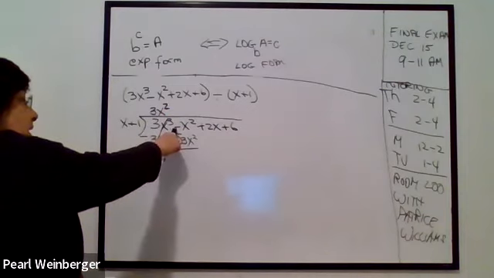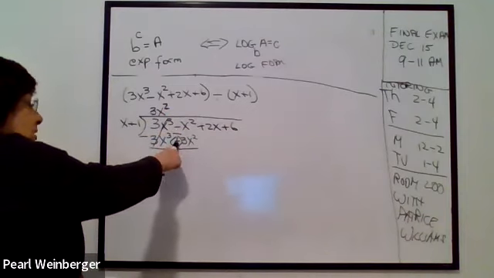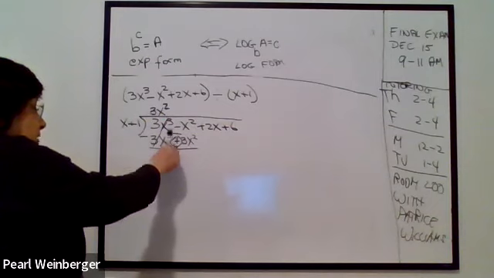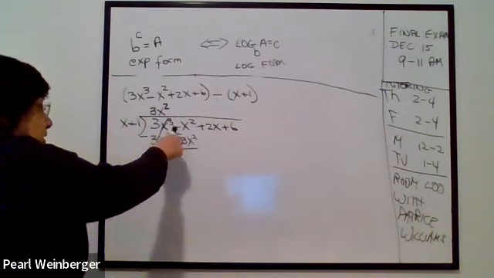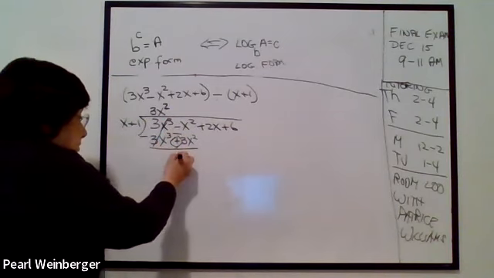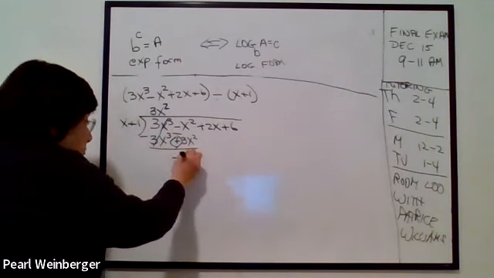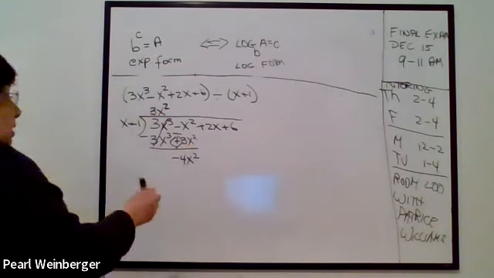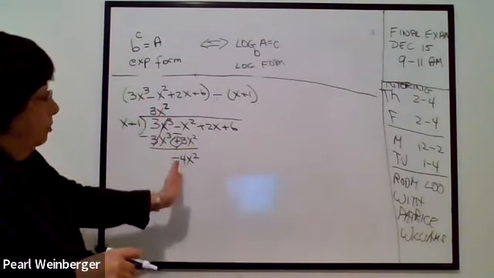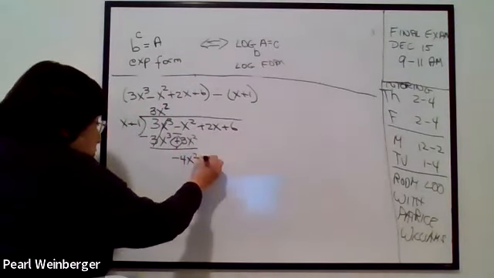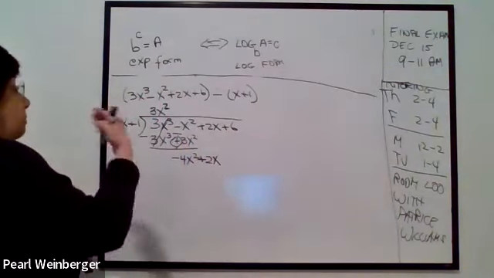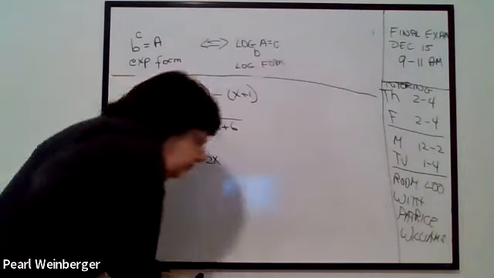And now I have a negative x squared and a negative 3x squared. Don't forget that x squared became negative because we're subtracting it. That gives us negative 4x squared. Be very careful with your signs. After you've done that, you bring your next term down, which is plus 2x. And you start the process all over again.